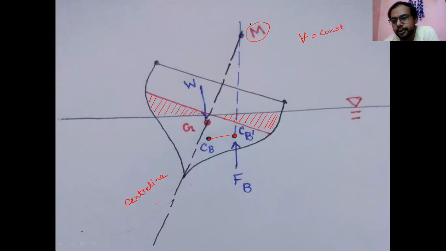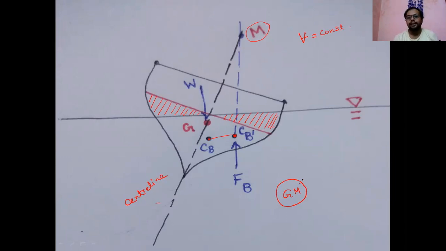And the distance between G and M is the deciding factor of stability here. So this is the consideration we are taking.